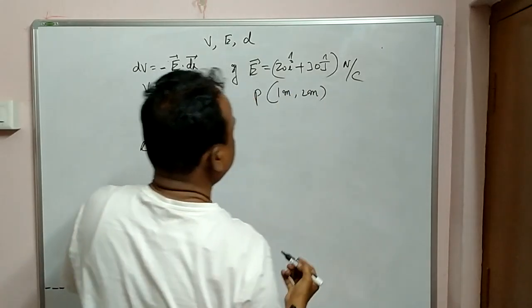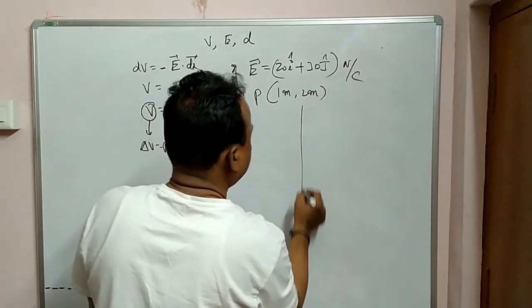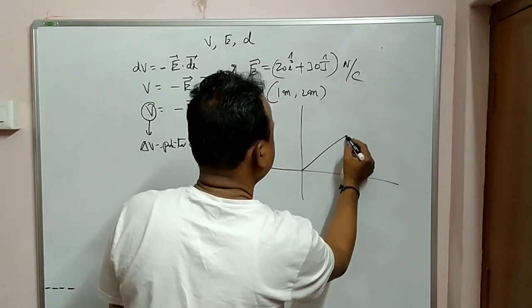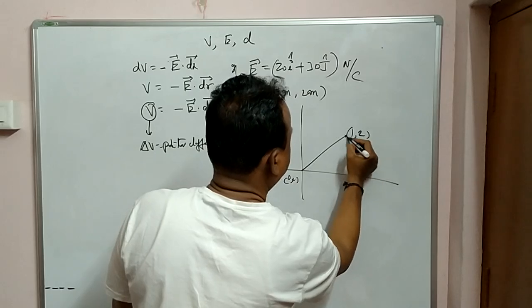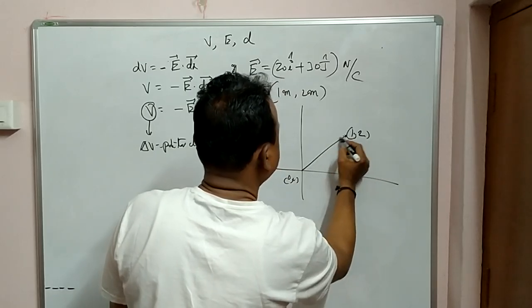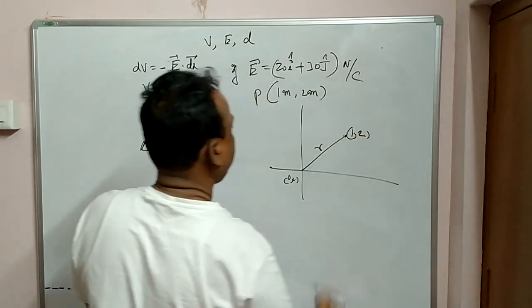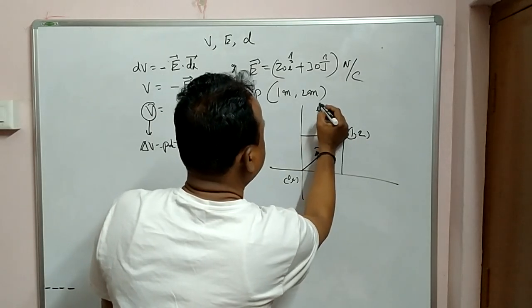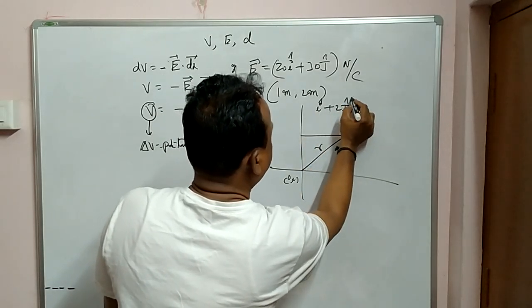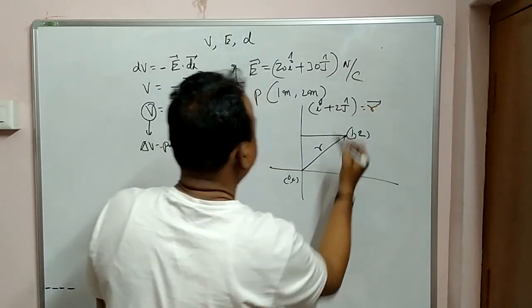You can take it from the origin. This is the origin, and the point is given as 1, 2 meters. This is the position vector, which you can write as i cap plus 2 j cap, R vector.